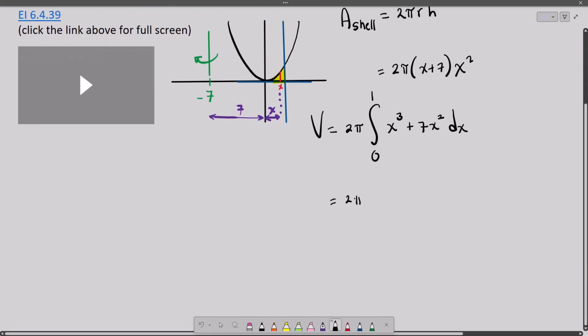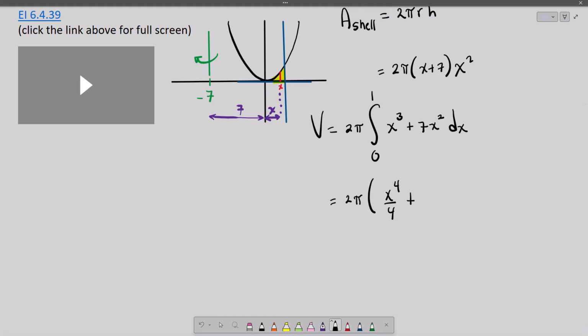We can blast through this integral. We get x to the 4th over 4 plus 7x cubed over 3, from 0 to 1. 0 is going to create no volume, so we just have to plug in the 1.